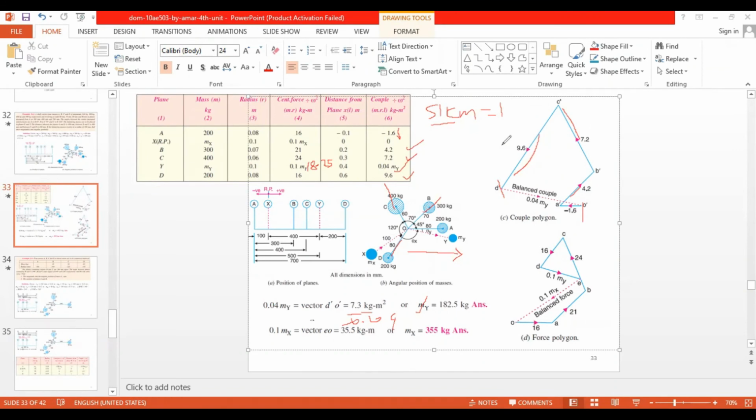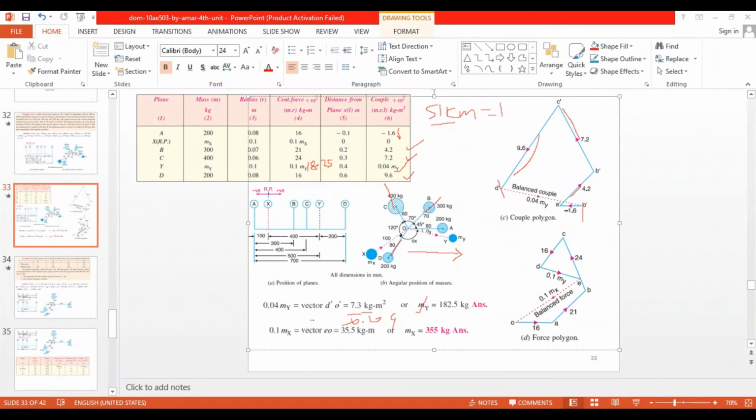So with this value 18.25, now if we see the force polygon, we have only one unknown. 16 known, 21 known, 24 known, 18.25 known, 16 known. So only 0.1 mx is the unknown value. This is the only unknown value.